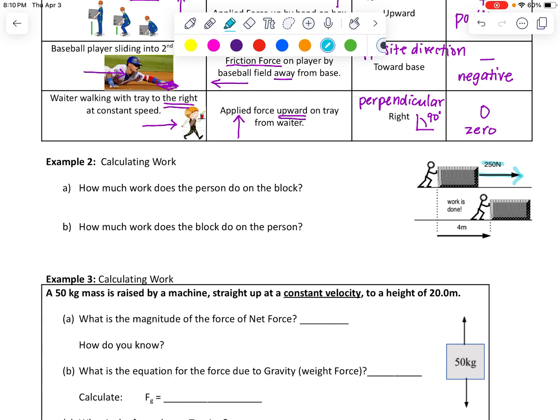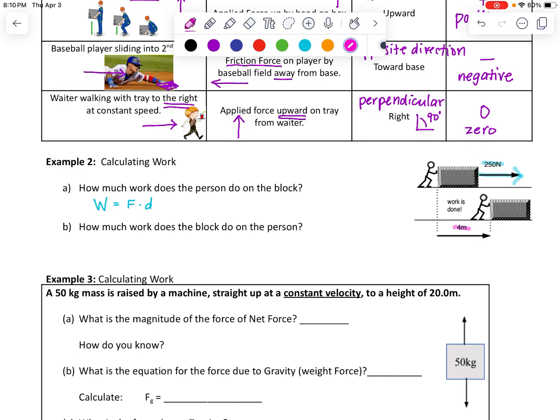The person is pushing to the right and the block is moving to the right. So we can say that the work is equal to the force times the displacement. Here's the displacement, let me highlight it. The displacement is 4 meters.